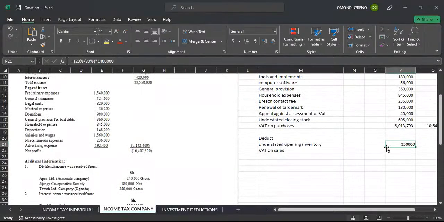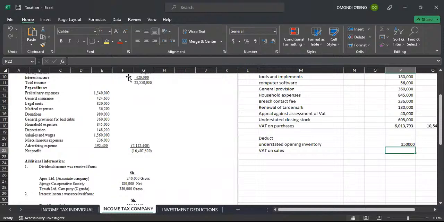So let's look at this one here. VAT on sales, we are told it is 16%. So whatever we are given here as 64 million is 116%. It has VAT of 16% and the normal rate, that is 100%.